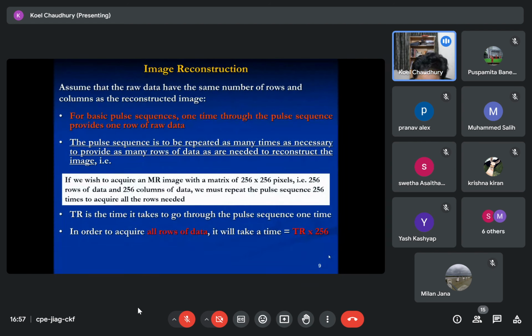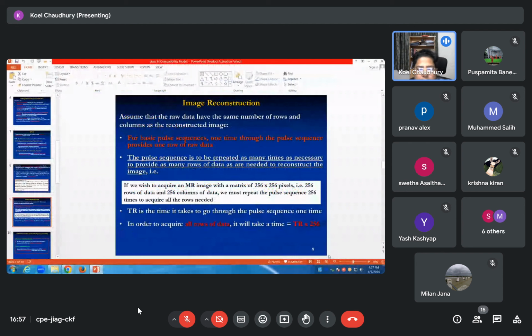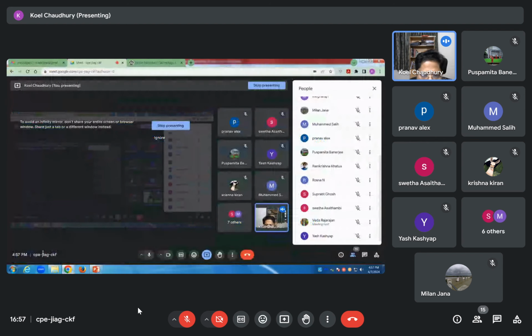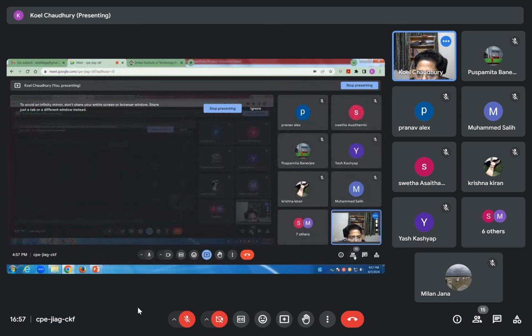What is a pulse sequence? Can anybody tell me? What does one time through the pulse sequence mean? We just now discussed it, I think. What is one time through the pulse sequence telling us?